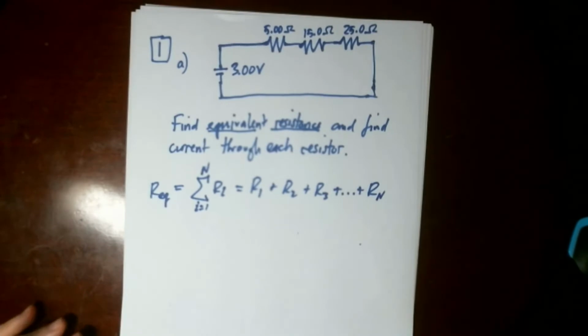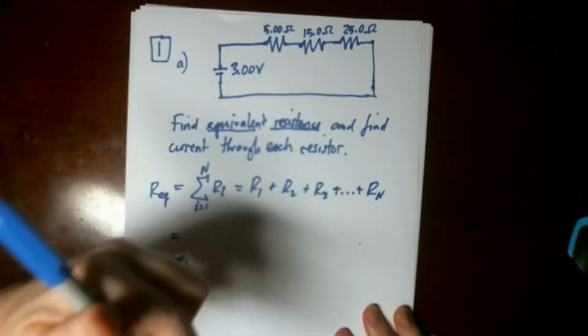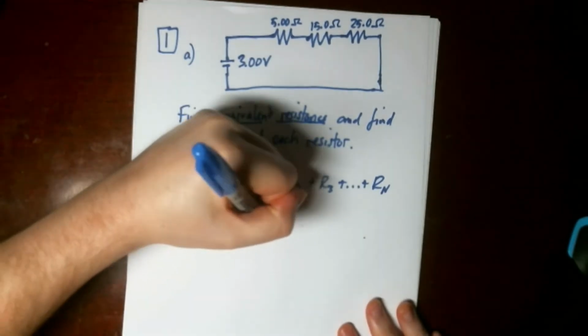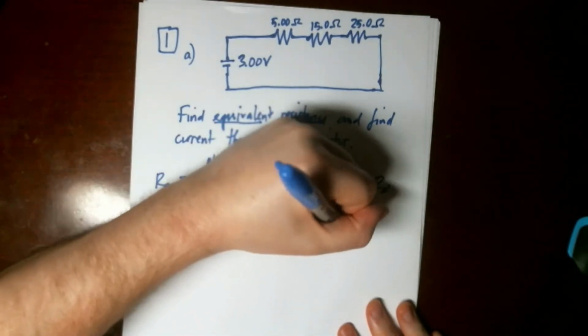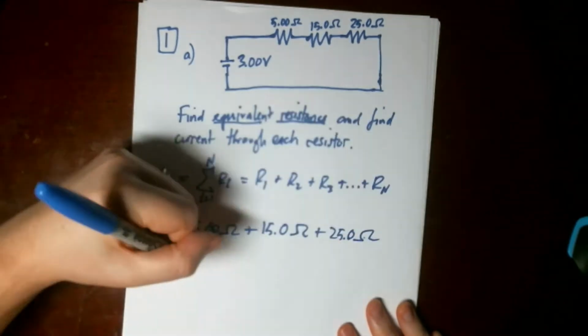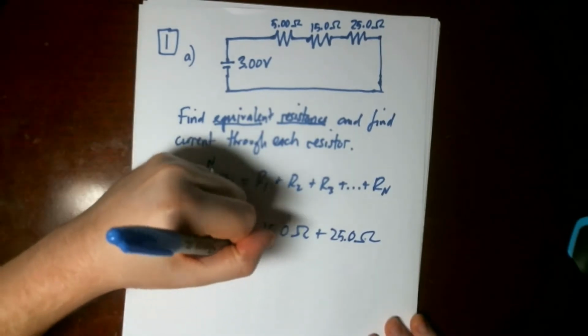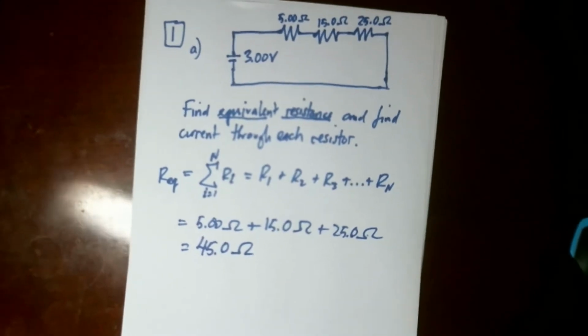So for this circuit, its equivalent resistance is just the sum of those 3 resistances. We have 5 ohms plus 15 ohms plus 25 ohms, and summing those up, we get an equivalent resistance of 45 ohms.